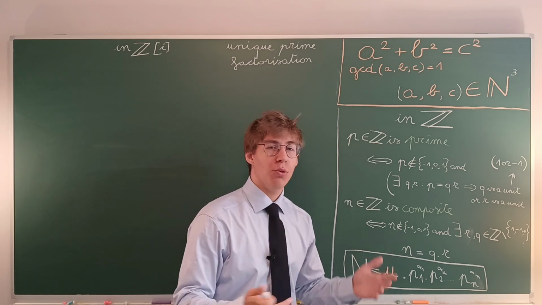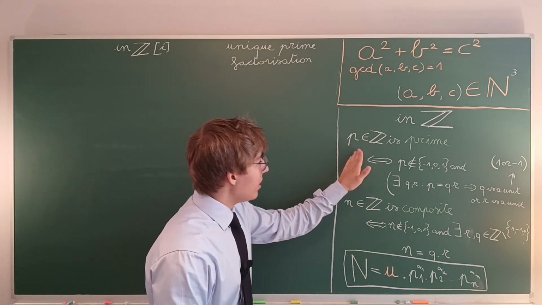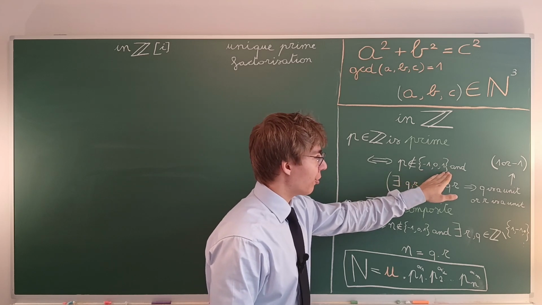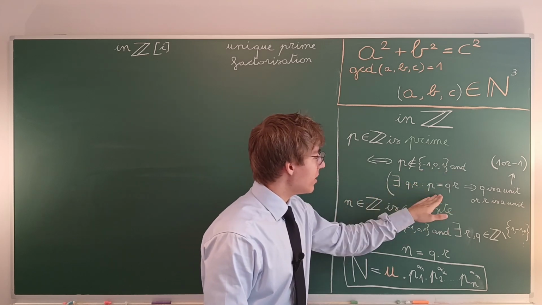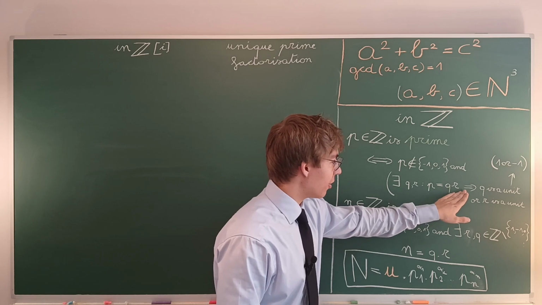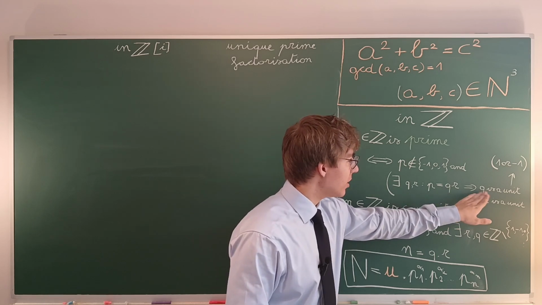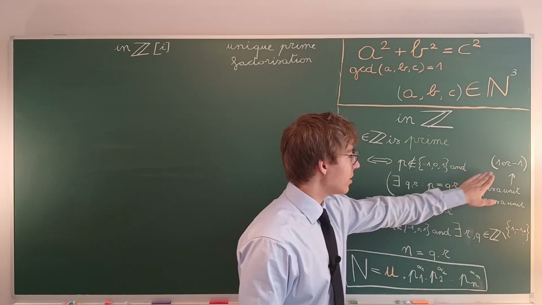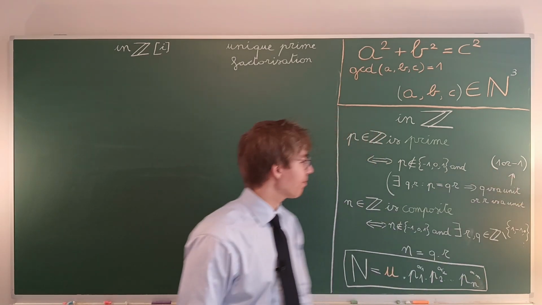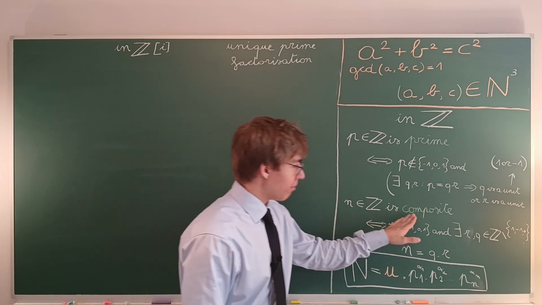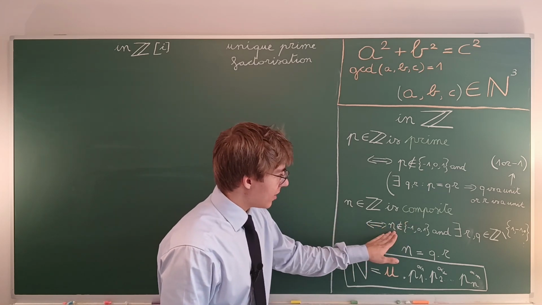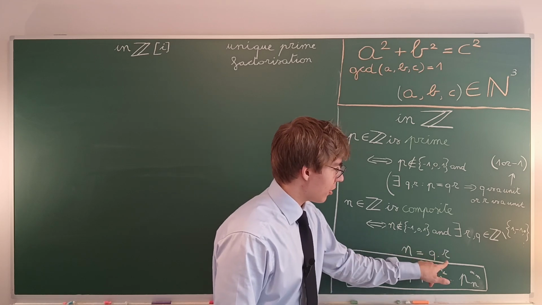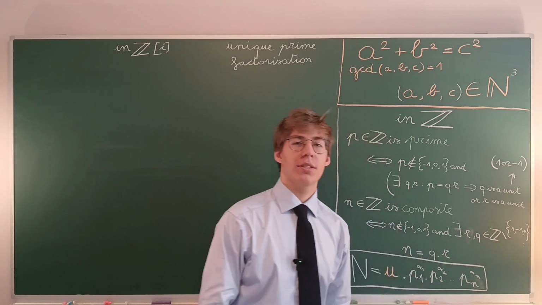In the integers, I think you all know this. If p is a prime, that means that p is not -1, 0, or 1, and if p can be written as q times r, then either q is a unit or r is a unit. So either q or r is equal to 1 or -1. If n is composite, then n is not -1, 0, or 1, and it can be written as q times r, where they are both not units.